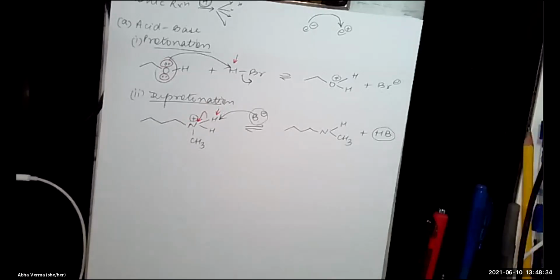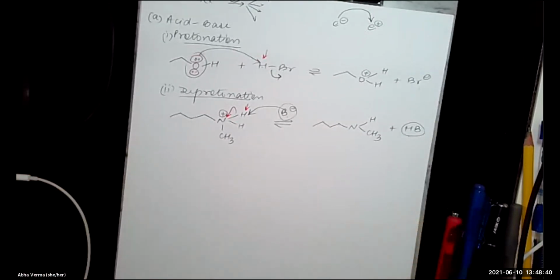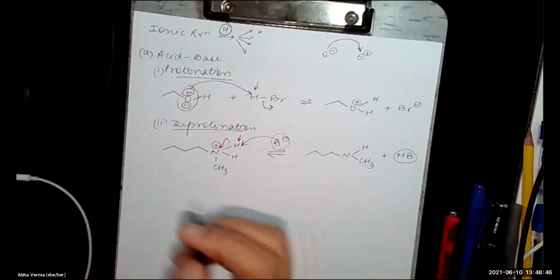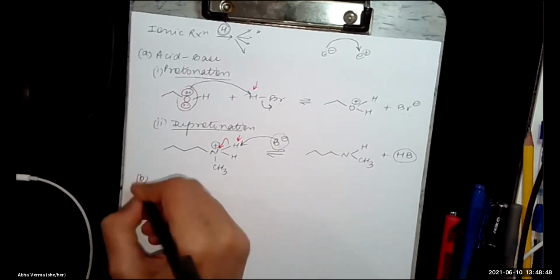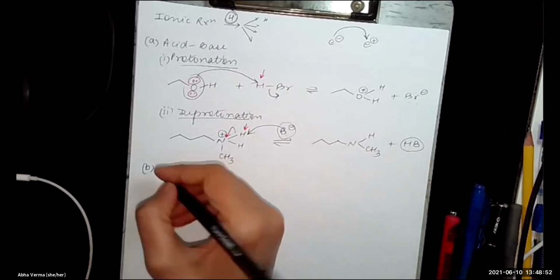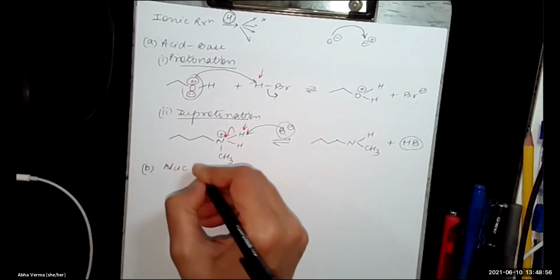So with this knowledge of our nucleophiles, who makes a better nucleophile and what makes a poor nucleophile, we come to the second mechanistic step of our ionic reactions, which is nucleophilic attacks.